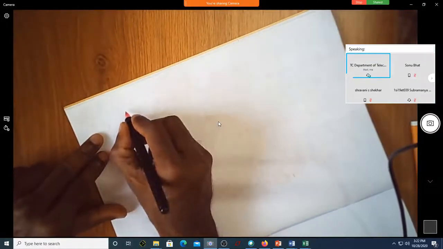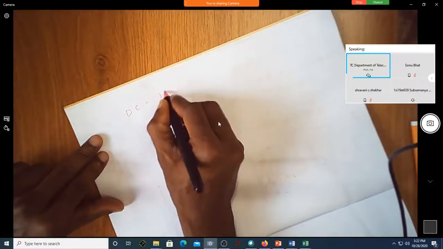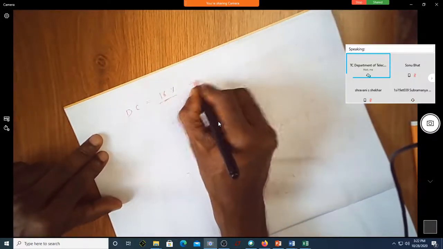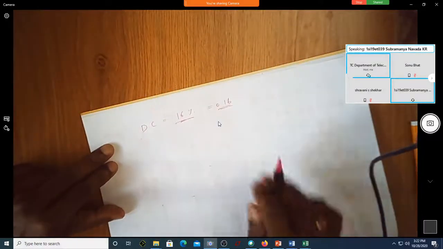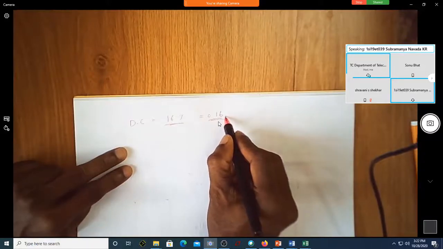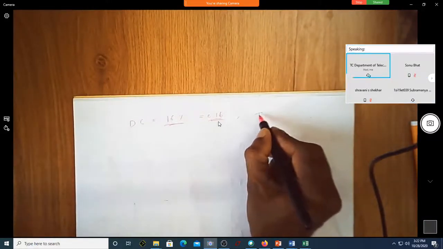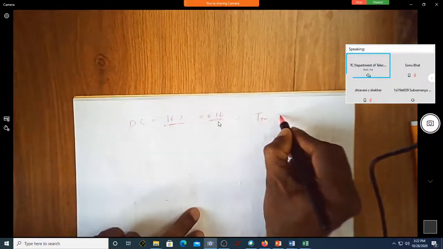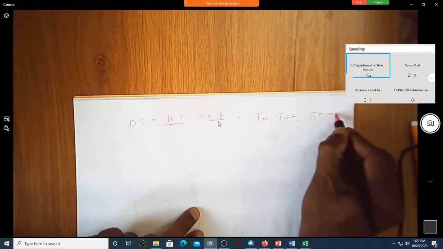If you want a duty cycle of 16%, 16% is 0.16. Suppose I want to find T on and T off, if T is equal to 1 millisecond.